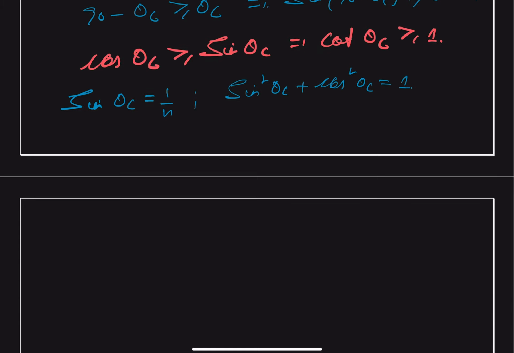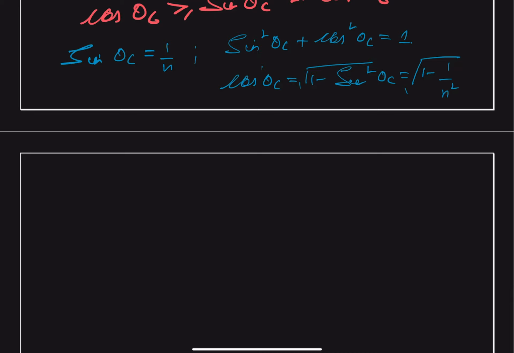So this gives us that cos of theta c will be equal to the square root of 1 minus sine square theta c, giving us the square root of 1 minus 1 upon n square.